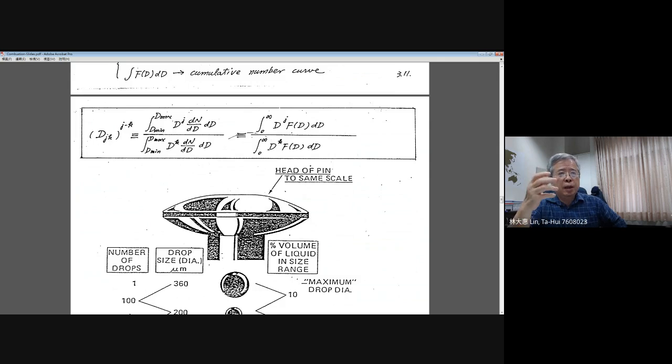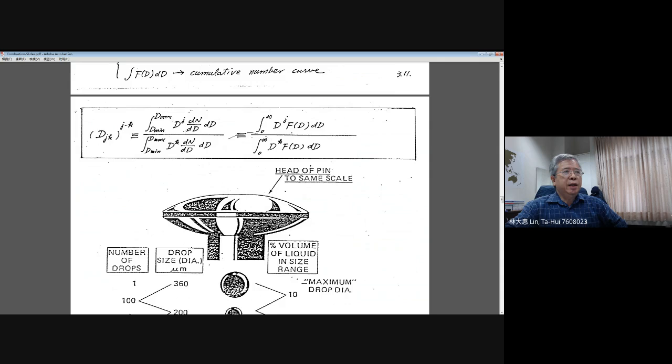For example, there may be some nano particles inside the spray field, and by using regular laser diagnostics, you cannot measure too small droplets. Then there is some limitation. So for realistic measurements, the calculation starts from the minimal droplet size to the maximum.